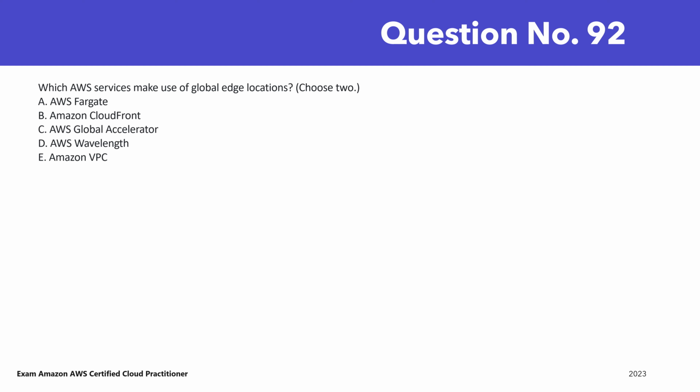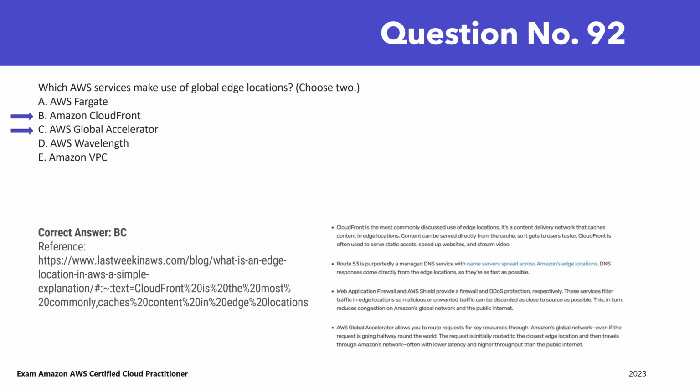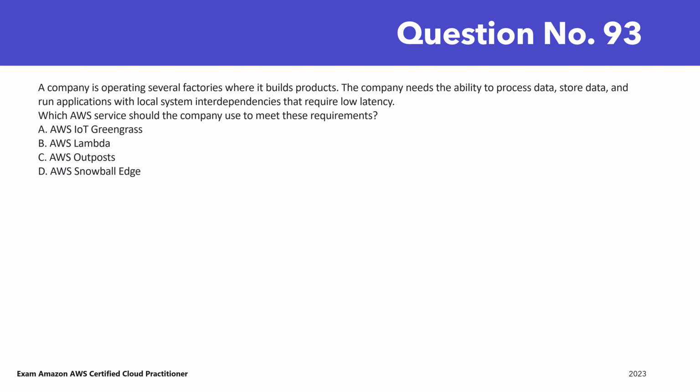Which AWS services make use of global edge locations? Choose 2. A. AWS Fargate. B. Amazon CloudFront. C. AWS Global Accelerator. D. AWS Wavelength. E. Amazon VPC. Correct answer, B and C. A company is operating several factories where it builds products.